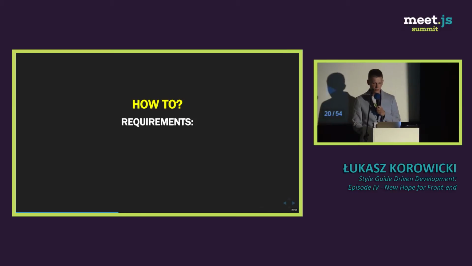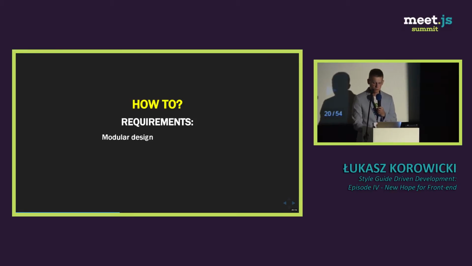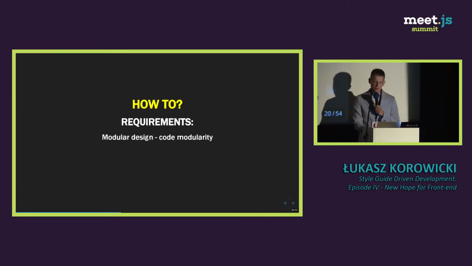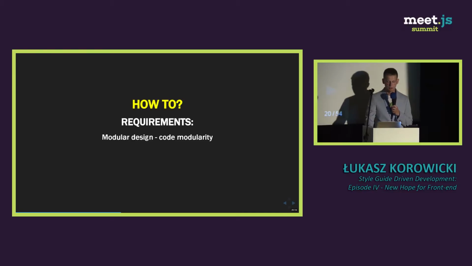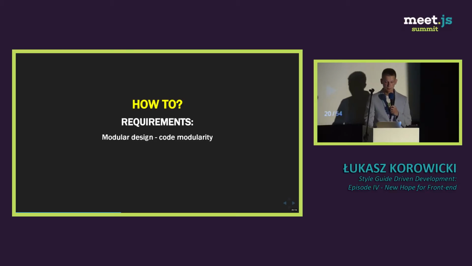And how? First of all, we have to set some requirements. We have to have a modular design. Of course, with a simple design given to us as a PSD file, we can just make it code modularity. But if we have a modular design, we can also develop modular code really easily.